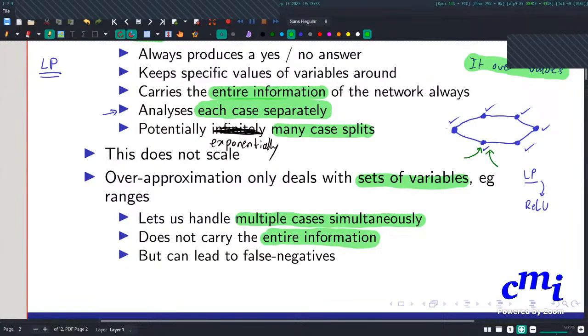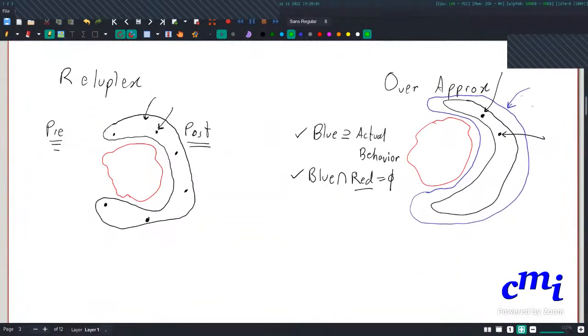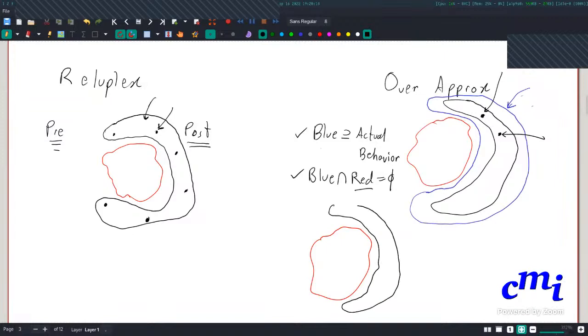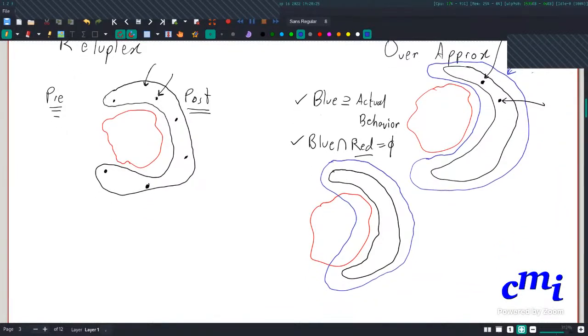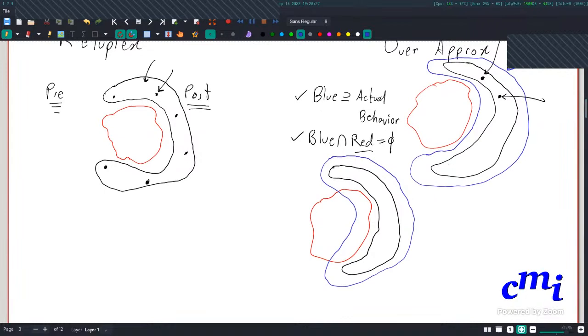The downside of using over-approximation is, of course, that it can lead to false negatives. A situation like this can happen where you have some red region, and maybe the exact behavior of the network does not intersect the red region. So the network is safe, but the blue region you end up finding does intersect the red region. In this case, with over-approximation based techniques, by default at least, you can't really say anything, because you don't know the actual exact behavior of the network.